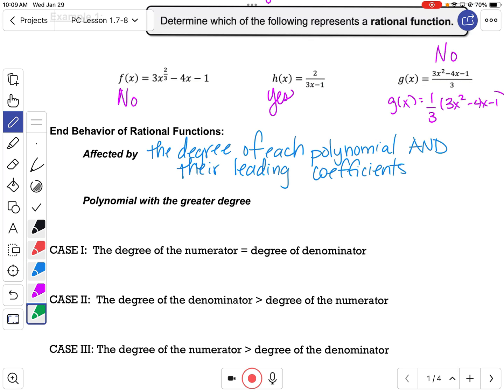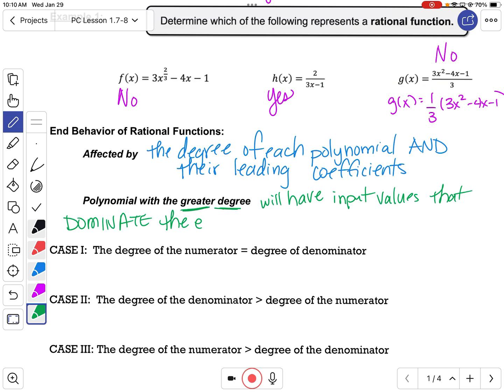So basically what's going to happen is the polynomial with the greater degree will have input values, that would be x's, that dominate, I love that word, dominate the entire function, and then it dictates the end behavior.